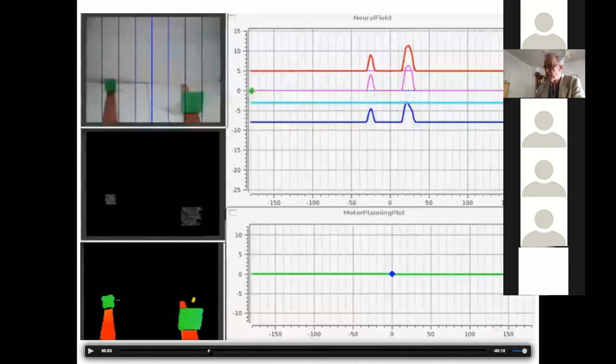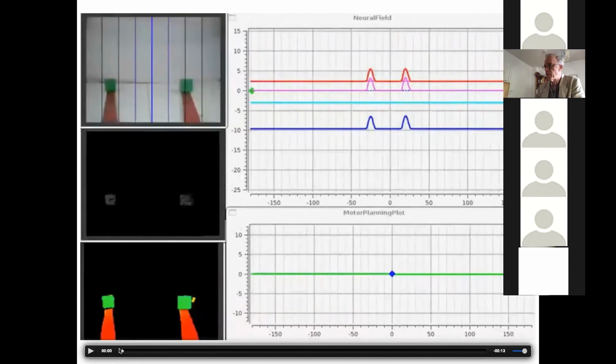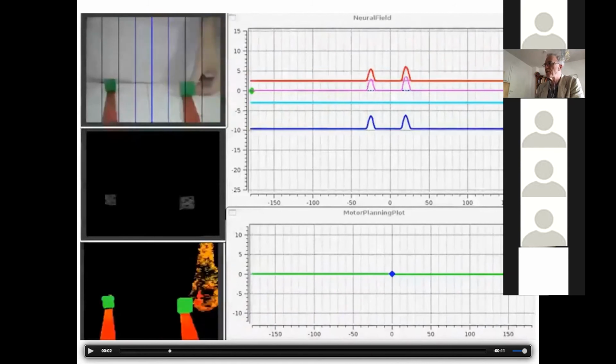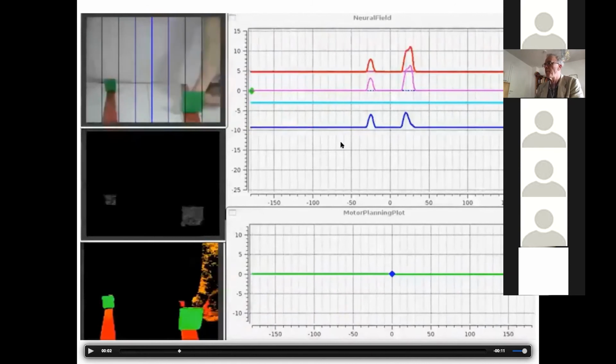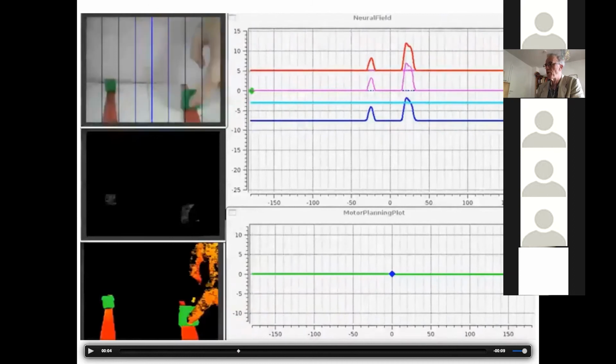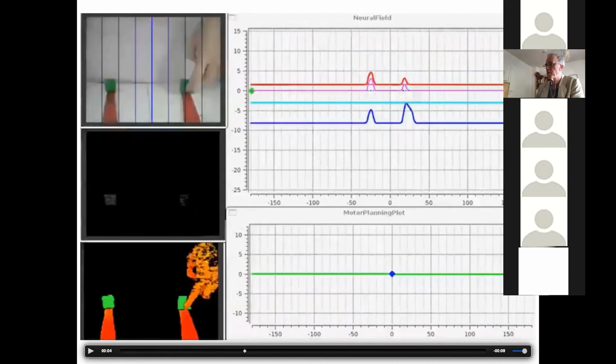So I'll move this a little bit around again. What happens is that the experimenter here, you see the actual video, Evelina Dineva did this. She moves this object close. That's the specific cue. And as she does that, you see on the right that the input increases, both of these inputs. And then she moves it back.